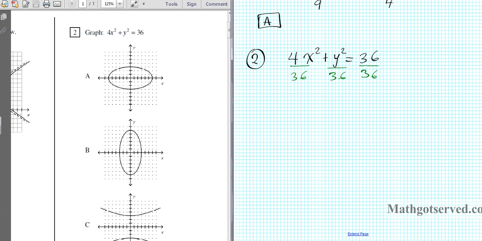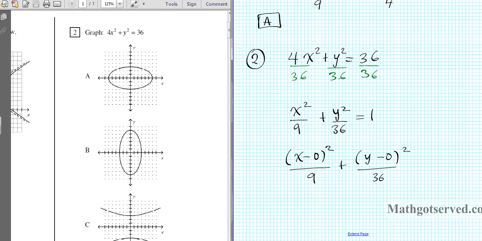Divide this term by 36, divide this by 36, and divide that by 36. So 4 goes into 36 9 times, so we have x squared over 9 plus y squared over 36 equals 1. Since there's no number next to the x, we can write it as x minus 0 squared over 9 plus y minus 0 squared over 36 equals 1.